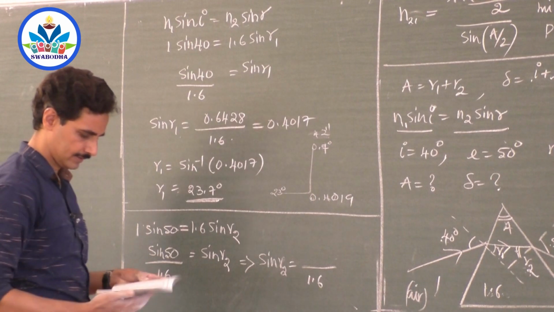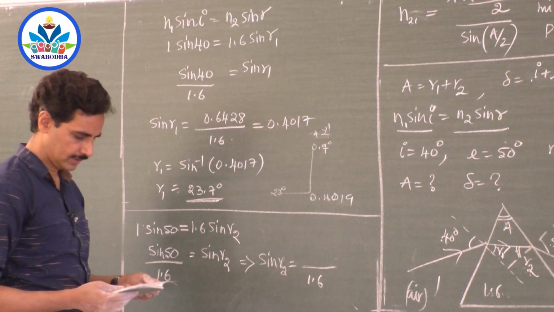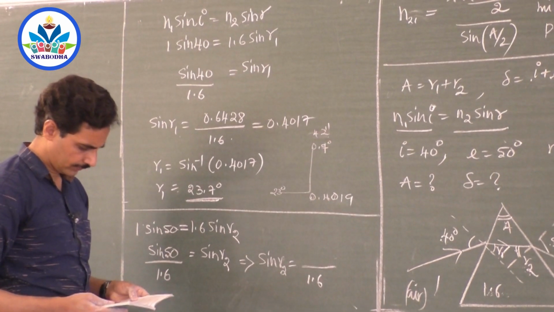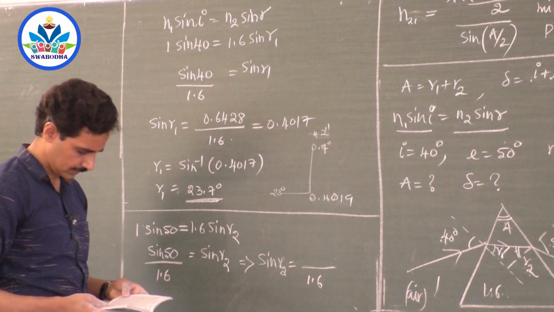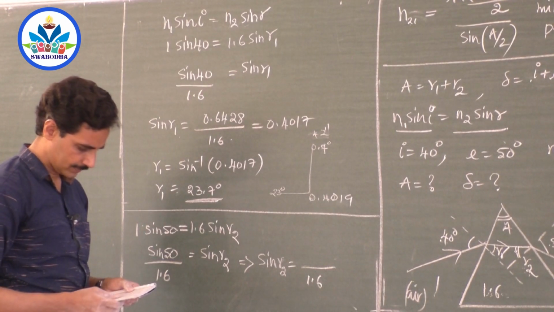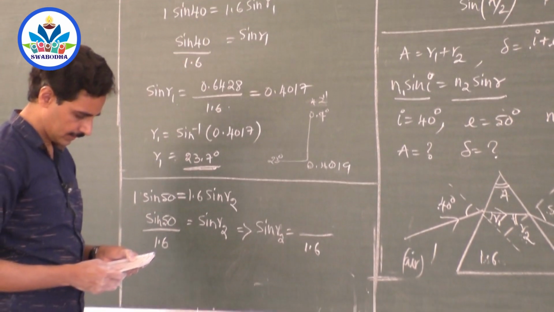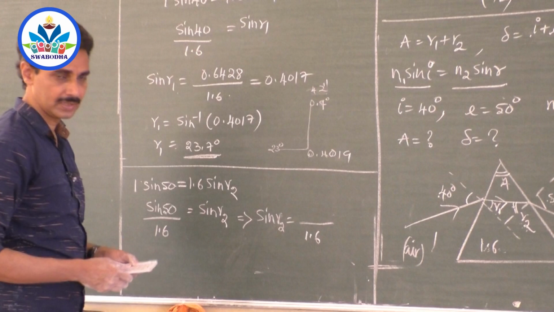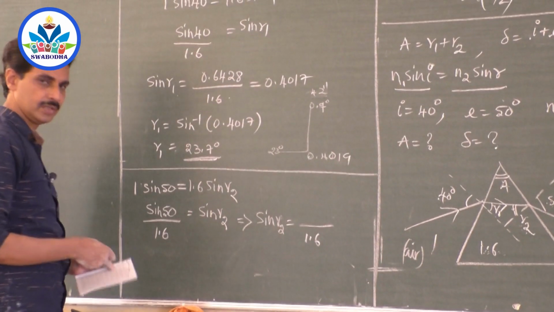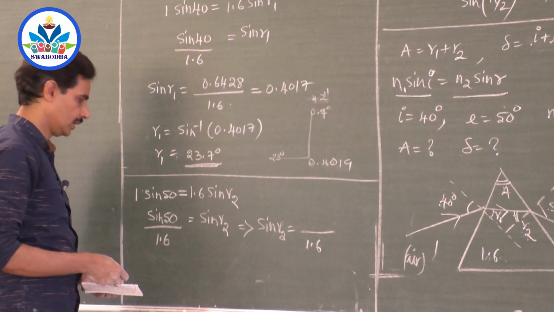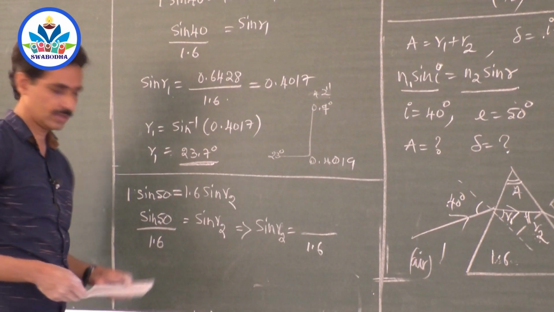Again, natural sine. In the natural sine table, 50 degrees, no minutes, on the first column itself, sine 50, 50 degrees will be on the next page, it is 0.7660, right? 50 degrees 0 minutes. You should be in the natural sine column. You see whether your page is natural sine or logarithmic sine. It should be natural sine.